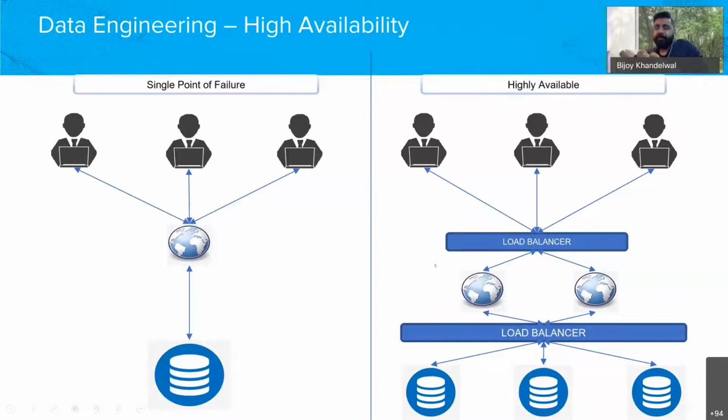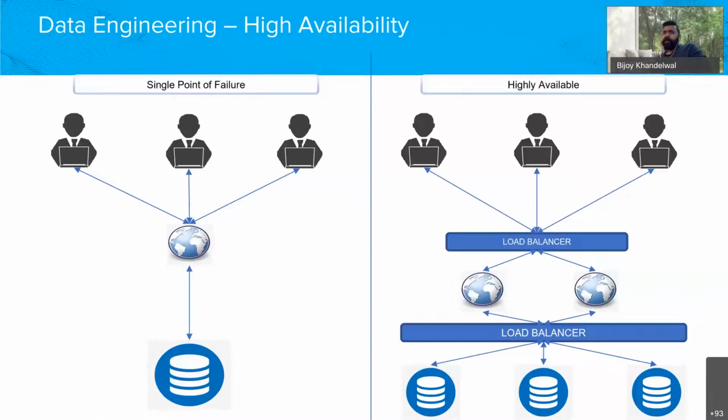In the same way, on the web server, you have two web servers hosted and there's a load balancer. If you use a load balancer, you don't have to specifically say which web server or which database you want to hit. The load balancer, according to the decided protocol, takes care of it. So if web server 1 is down, it automatically goes to web server 2 and the user never sees a failure.